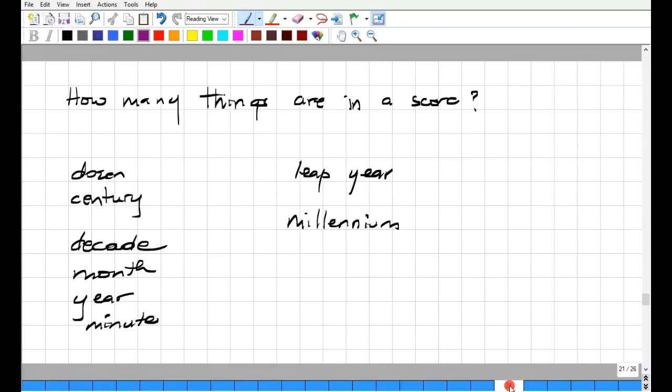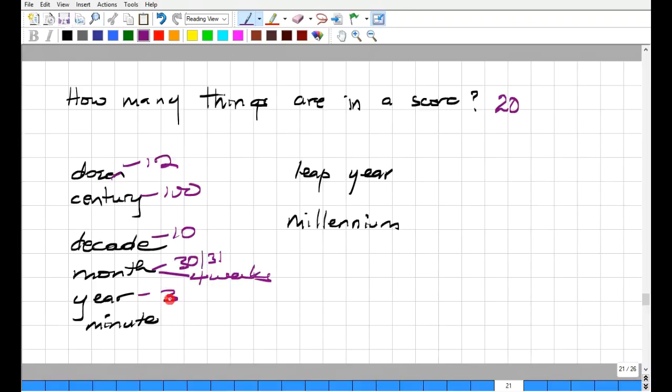How many things are in a score? Okay, 20 things are in the score. In a dozen, 12. In a century, 100. In a decade, 10 years. In a month, 30 days or 31 days or 4 weeks.